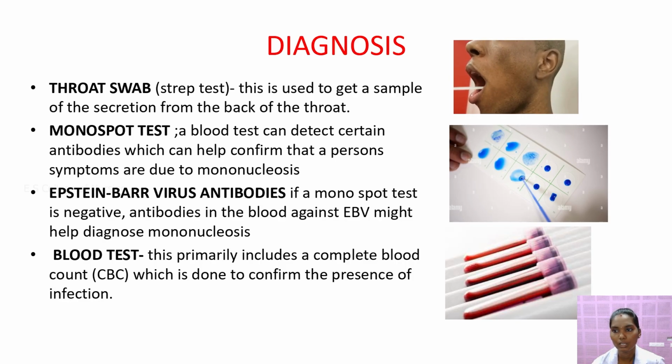These are all the history you should collect, and also ask the patient whether they have any fever, throat pain, difficulty in swallowing, or breathing difficulty. These are the symptoms the patient has or not.